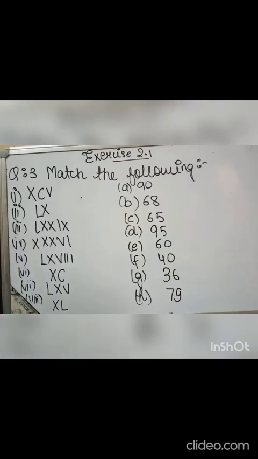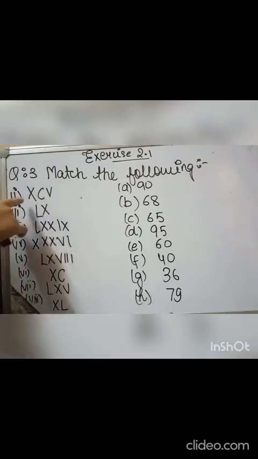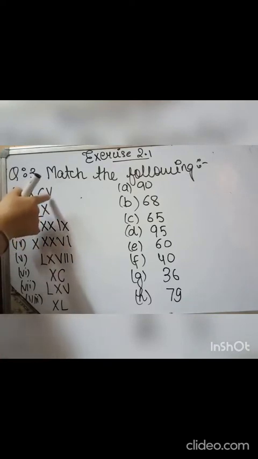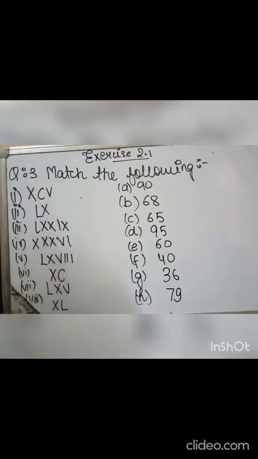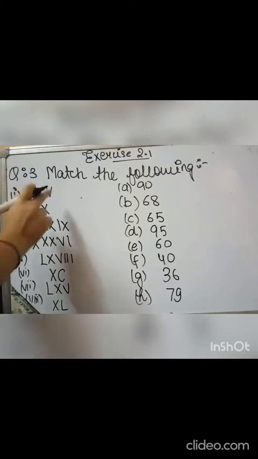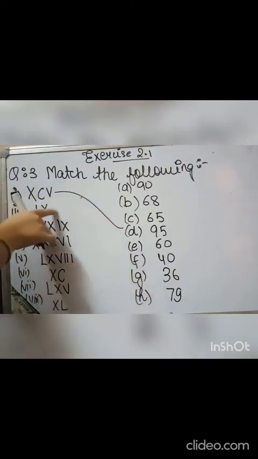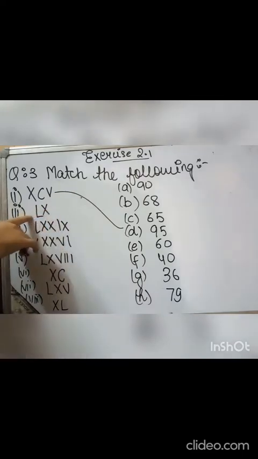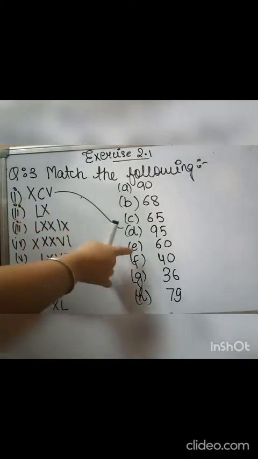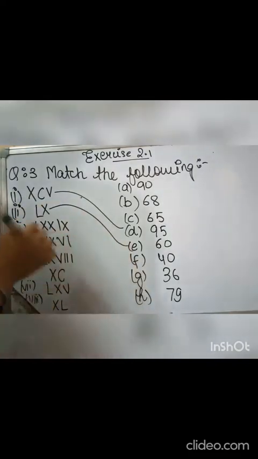Come to question number 3. Match the following. We have to match Roman numbers with Hindu Arabic numbers. XCV means 10 is subtracted from C, 90, and V is 5. So 95, which is the D option. LX means L plus X, 50 and 10 is 60, E option.